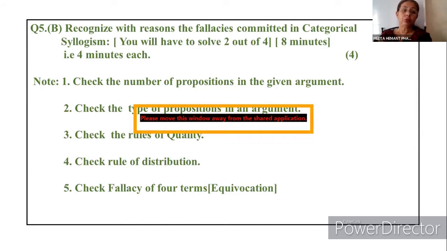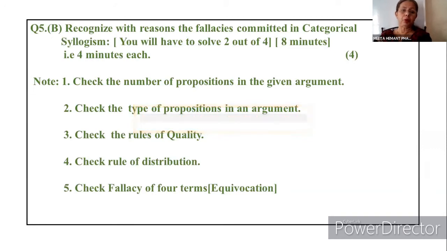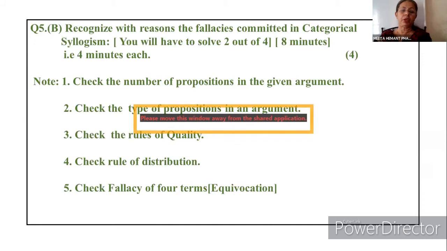Then fourth thing you have to check is the rule of distribution. So you must know all the three rules of distribution, and you must also know the distribution of terms in each proposition, that is A, E, I, and O. You know that in A proposition, the subject is distributed, whereas the predicate is undistributed, and so on.